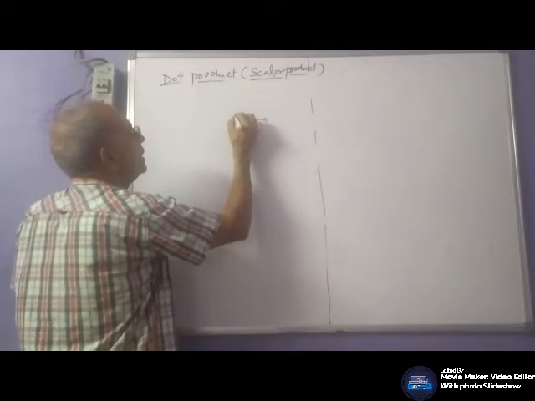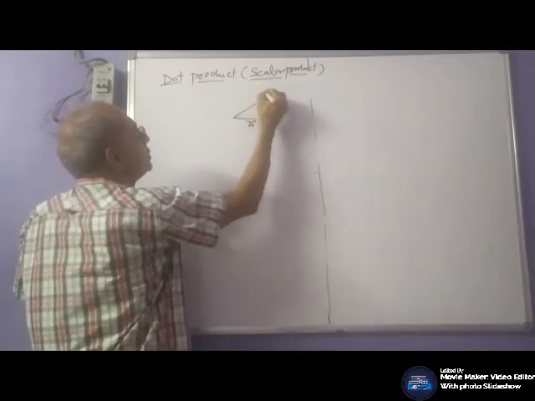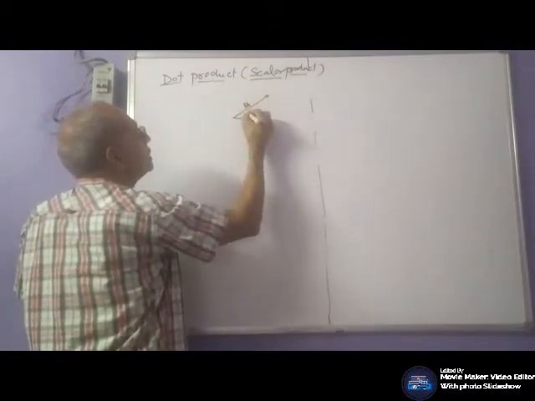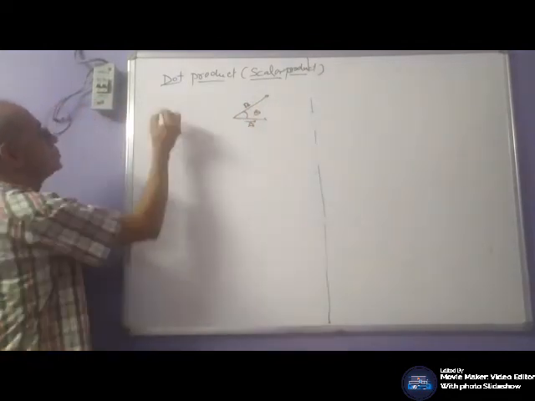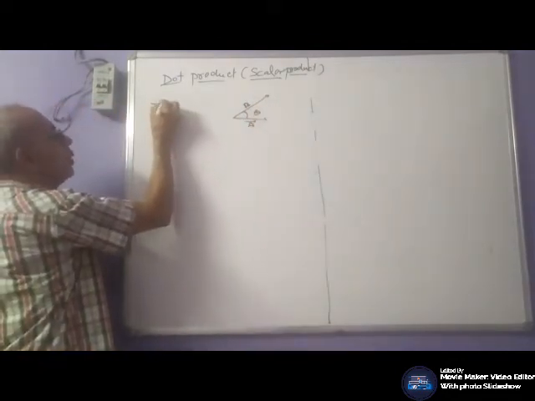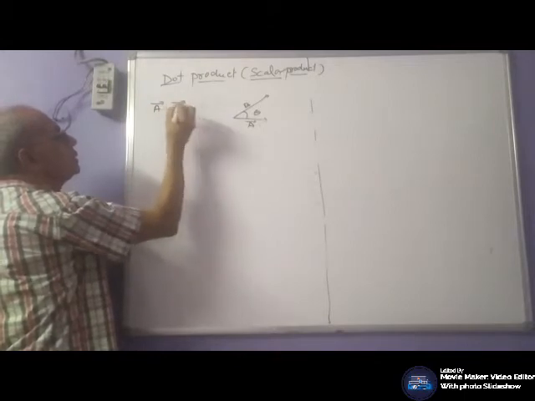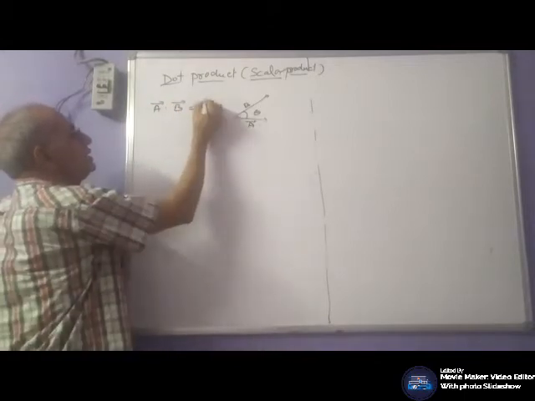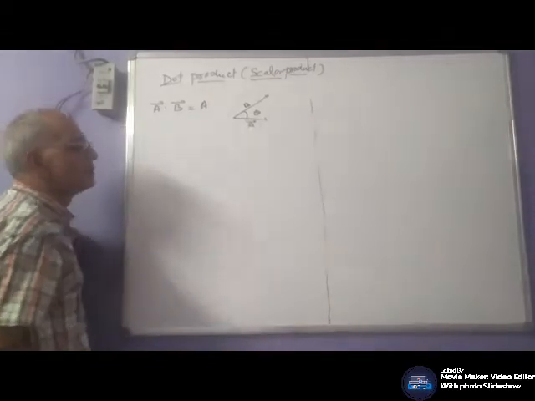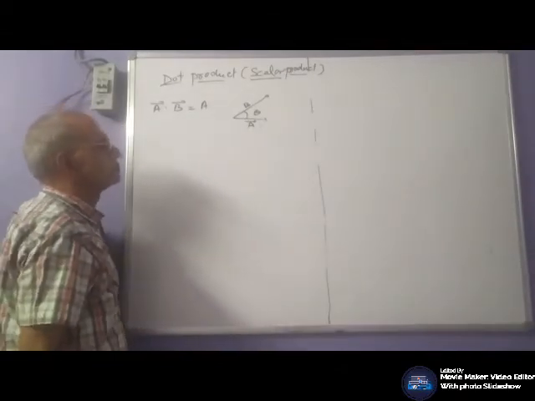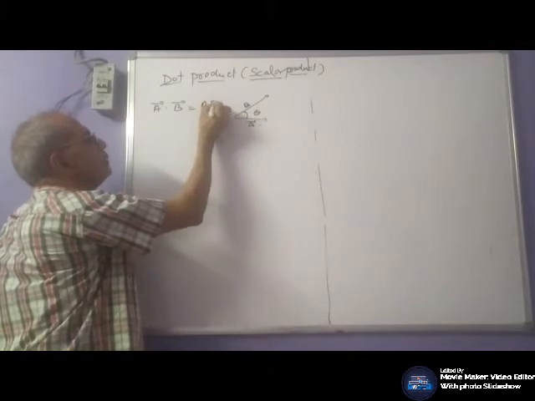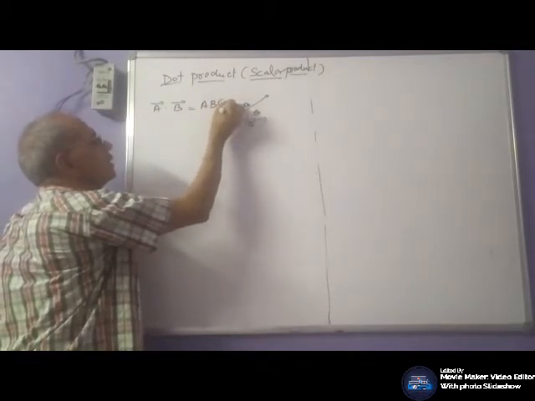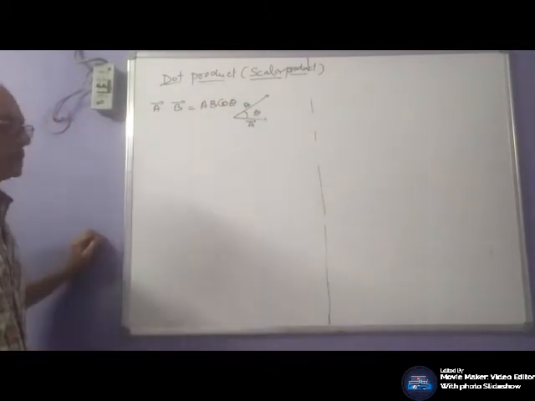This is vector A, this is vector B. They are acting at an angle theta. A dot B. A is A. Take B to this side. It will be what? B cos theta. This is the dot product.